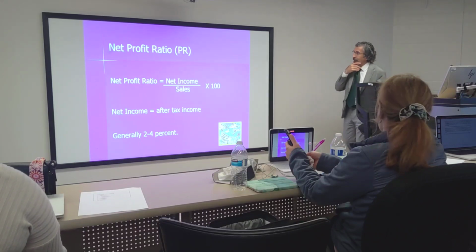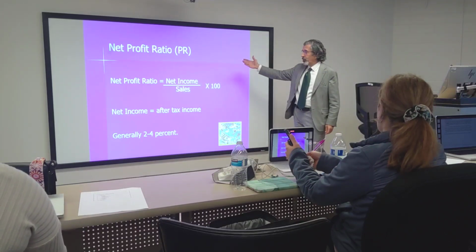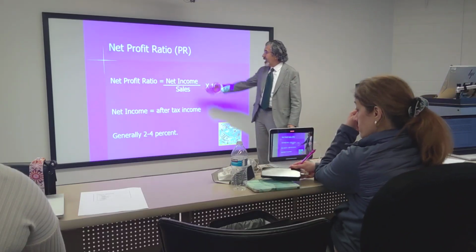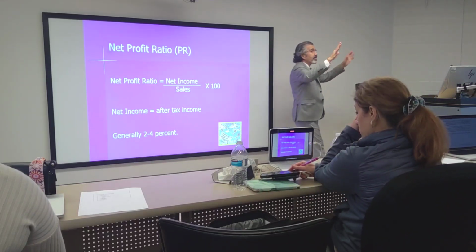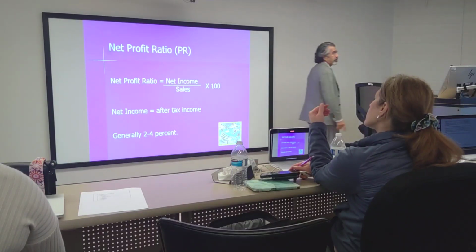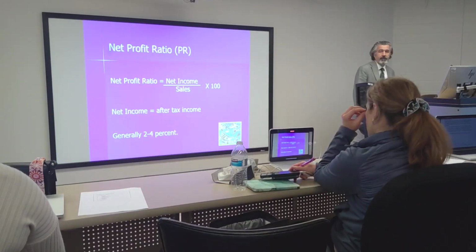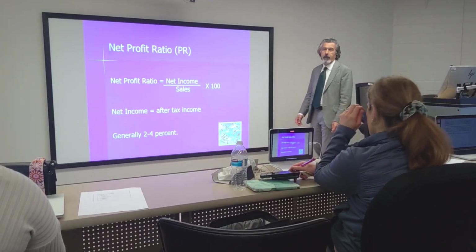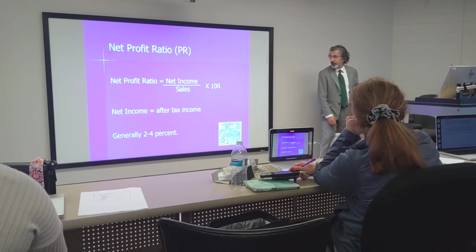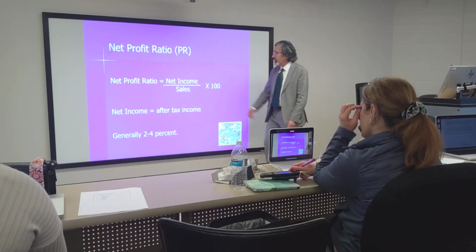Here's another profitability ratio: net profit. Net profit is your net income after you paid all your expenses, divided by your total sales. You remember your net income? How much was your net income? $10? $10 divided by 25.